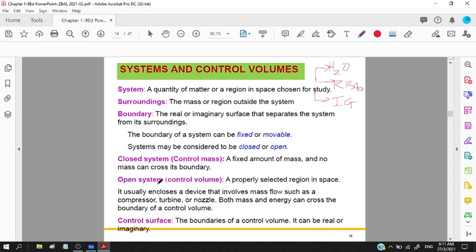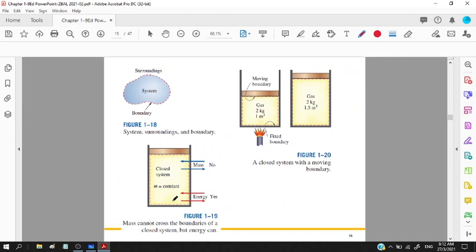The open system is also known as control volume system. And this system boundary can be imaginary or can be a real physical boundary.